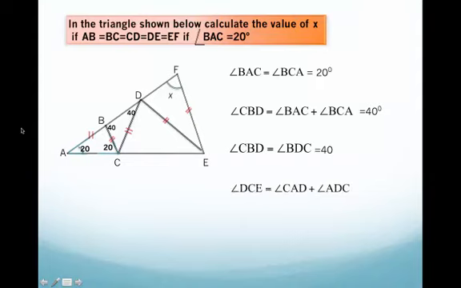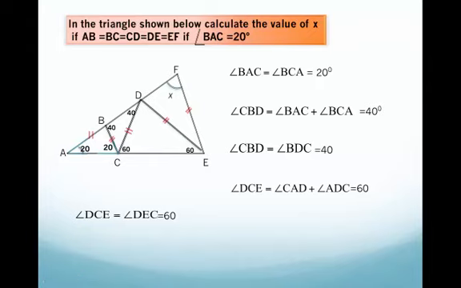So angle DCE, the exterior angle to triangle ACD, must be equal to angle CAD plus angle ADC, and therefore this must be equal to 60 degrees because CAD is given as 20 degrees and we calculated angle ADC as 40 degrees. So we get this angle DCE as 60 degrees as marked out there. Now angle DCE must be equal to angle DEC because in triangle DCE the sides DC and DE are equal, and therefore angle DEC is 60 degrees as we can see marked out there.